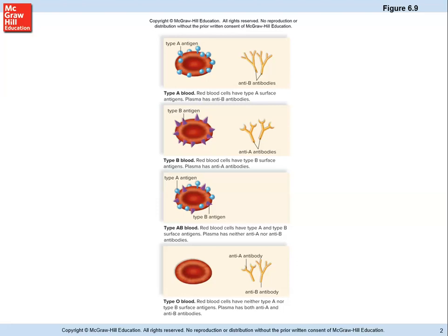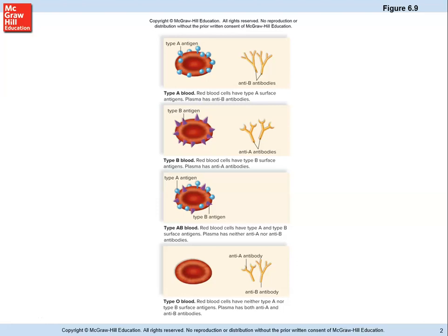If you happen to be type AB blood, and by the way, type O is the most common blood type across the world. Type AB is the least common blood type across the world. And so if O is the universal donor, AB is a universal recipient.